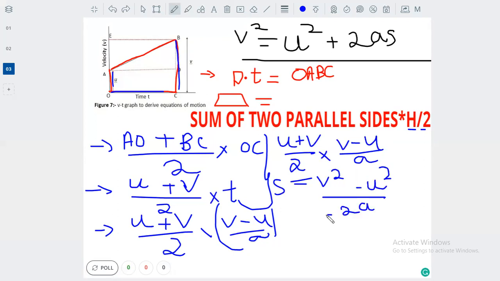I'm carrying this 2a this side, it is going to become multiplication. 2as is equal to v square minus u square, and for this purpose you take this v square this side, so it becomes minus v square is equal to minus u square minus 2as.